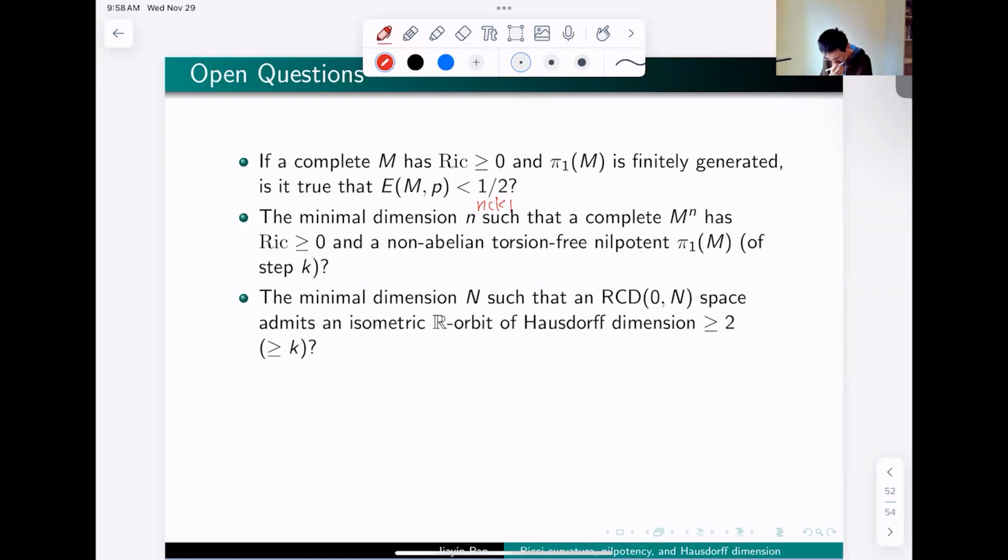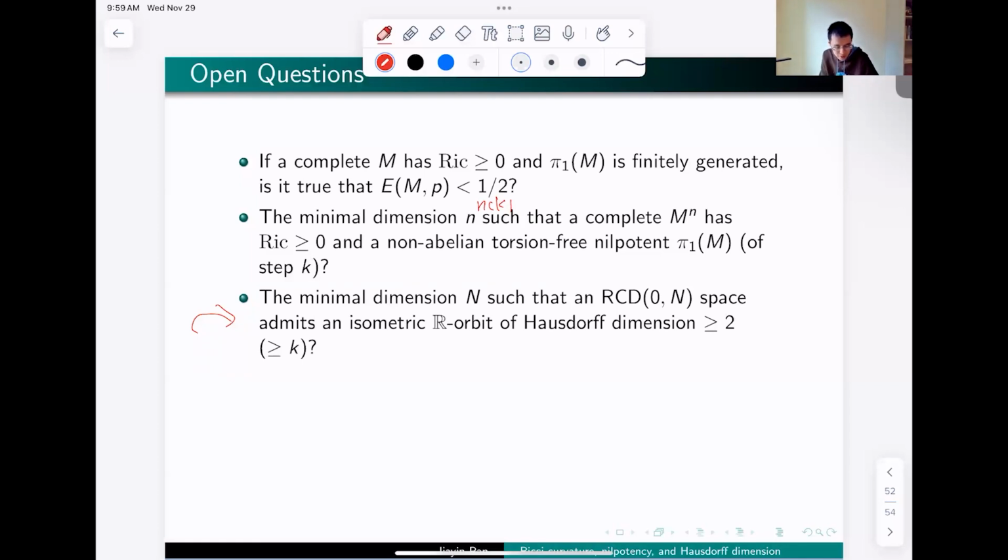From that relation between Hausdorff dimension and the nilpotency step, a way to approach this is to ask: what is the minimal dimension n so that an RCD(0,n) space admits an isometric R action of Hausdorff dimension at least 2 or at least k?